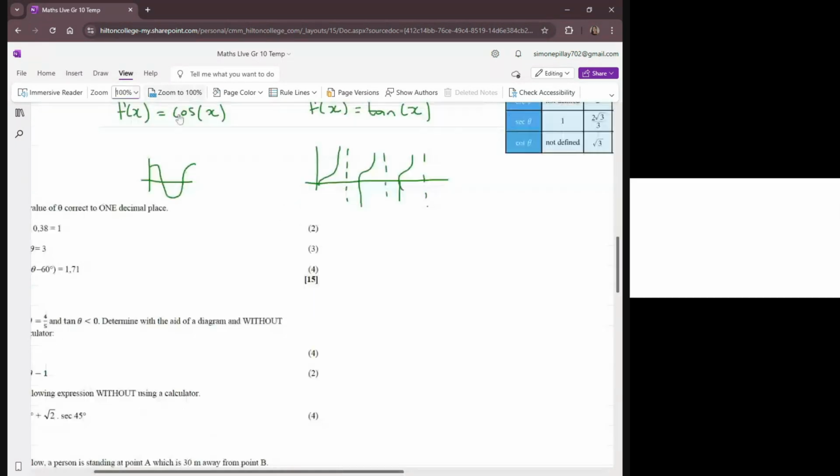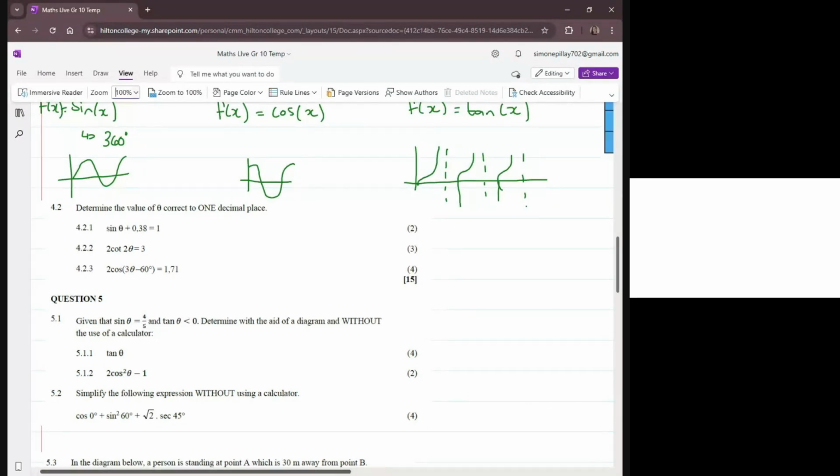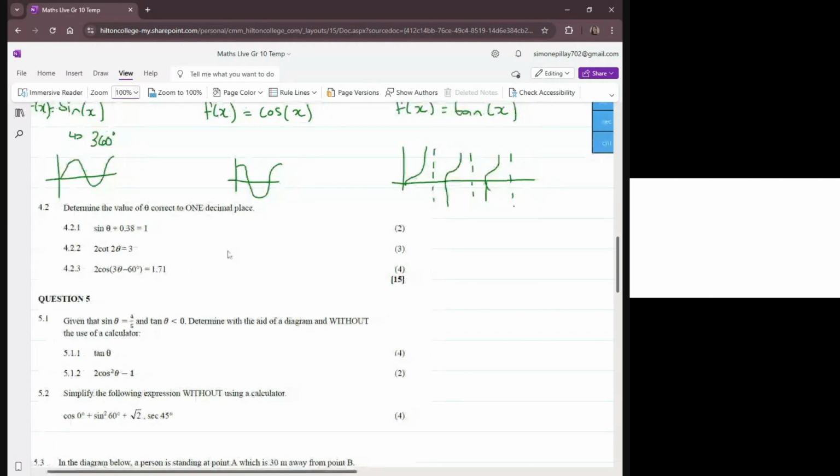So let us now go and look at some questions. Teacher Coco has prepared a really nice revision session for you guys, and she's taken questions directly out of past papers. So I'm going to do my answers on the side over here. So over here we have trig equations. Now trig equations, I know so many students get so scared by them, but they're not too different from normal equations.